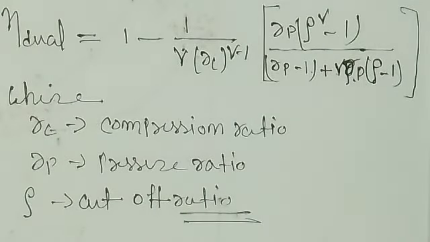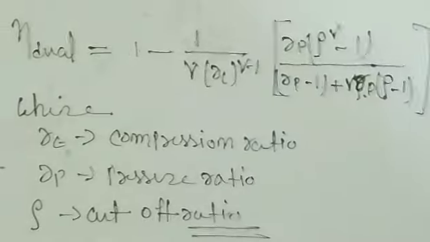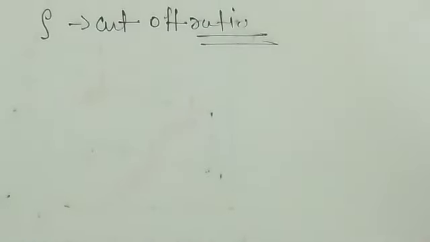Now we will see the comparison between Otto, diesel and dual cycle. Our comparison is done in two ways: at constant compression ratio and heat rejection, and at maximum pressure and temperature. You can make a subheading: comparison between Otto cycle, dual cycle and diesel cycle.